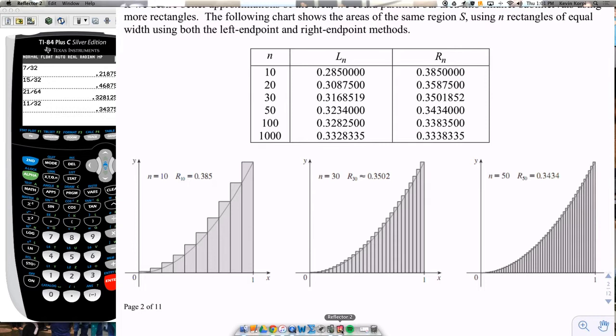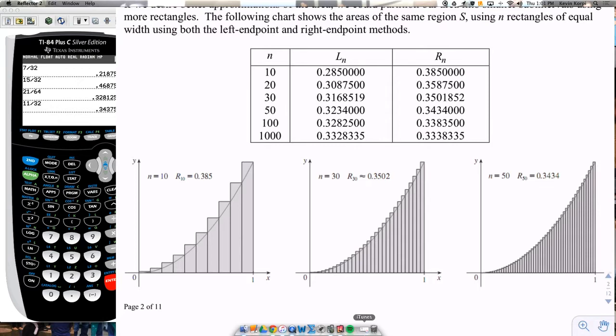Look at the left endpoint column here, 0.285, 0.308, 0.316. These numbers are increasing as n goes to infinity, but they also appear to be approaching 0.33333. And that's true for the midpoint method. It's true for the trapezoidal method. The more shapes you use, the more partitions, the more tedious the calculations for us, but the more accurate the calculation.